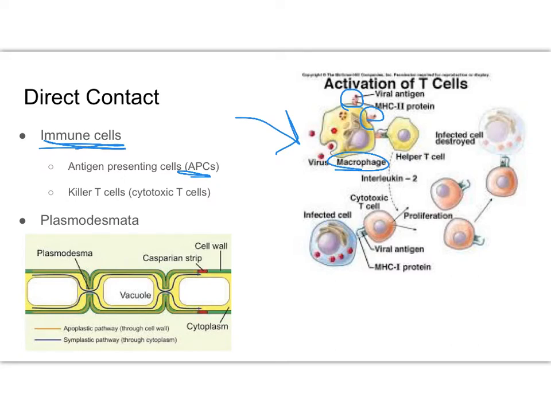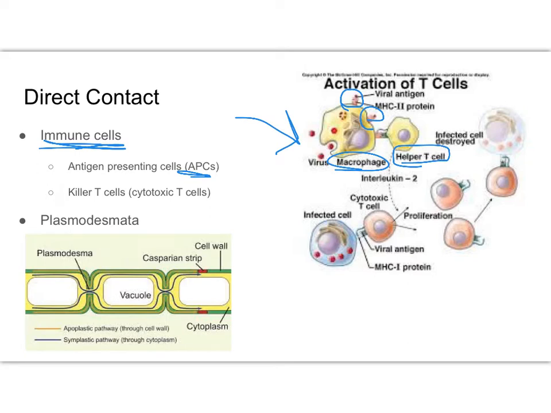And so these other cells in your body, in particular this helper T cell here, has to come into direct contact with the APC. It can't be nearby. The antigen presenting cell can't just show it to it and then the helper T cell knows that that's bad. It has to physically touch it. It has to come in direct contact with the antigen presenting cell.